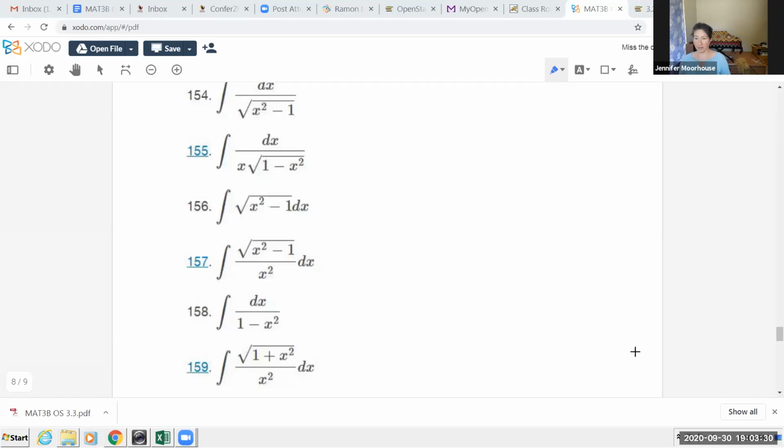All right. I know I probably didn't give you quite enough time, but I do want to jump on the very last bit of this section. So for 154, what substitution do you want to make for x?